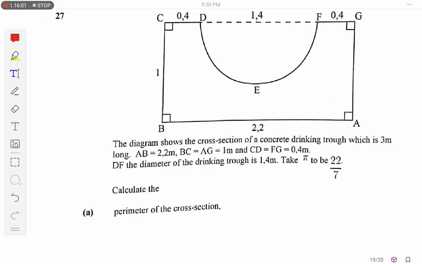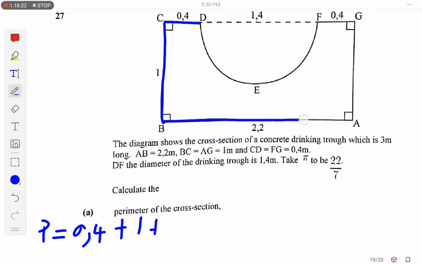So perimeter, we can say perimeter is equal to 0.5 here, 0.4, then plus 1 here, plus 2.2 here, plus 1 there, then plus 0.4 there.